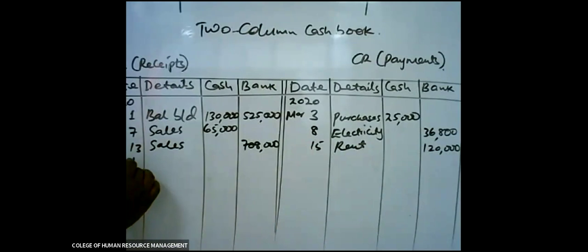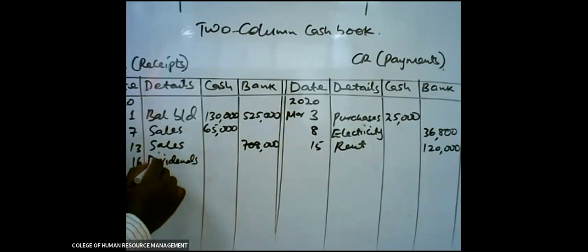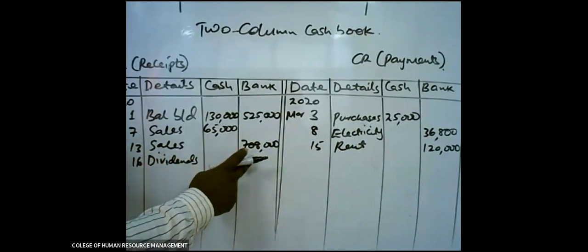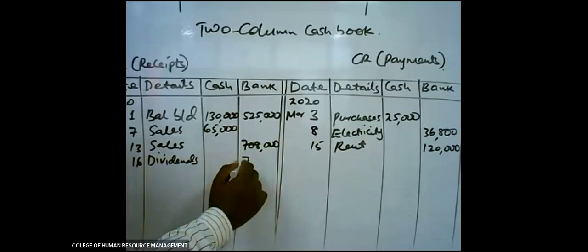On the 16th, we are told that we received dividends by check. So it will increase the bank balance, 78,000.